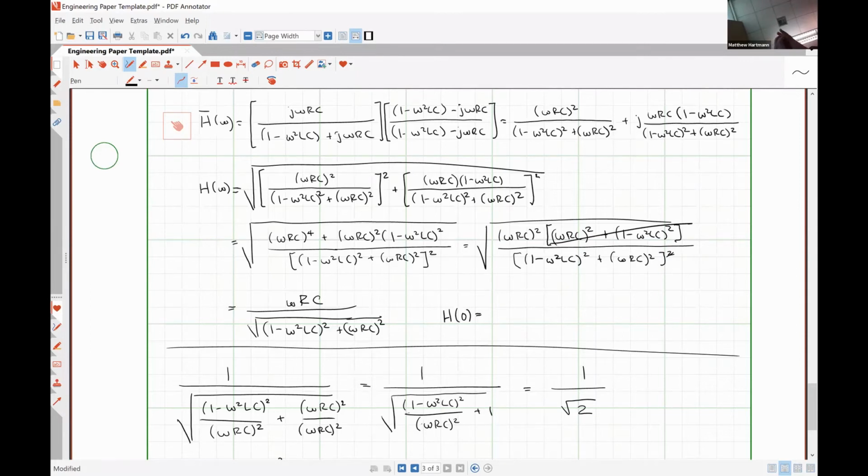Our magnitude function at omega equal to 0, what value does it have? Zero. Yeah, so we're going to have 0 in the numerator and 1 in the denominator. 0 divided by 1 looks like 0.